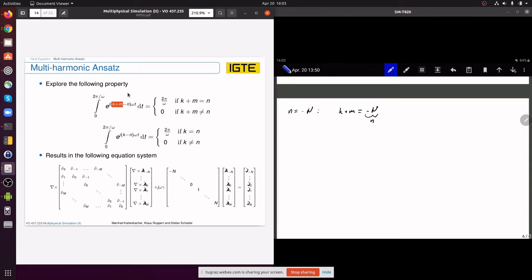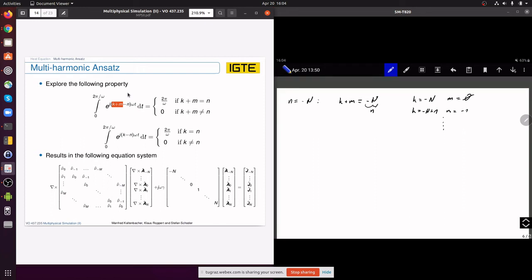So this is the small n. Of course we can then loop through all different k's and m's. So for k equal to minus N, the m would need to be 0. For k equal to minus N plus 1, m needs to be minus 1, and so on.